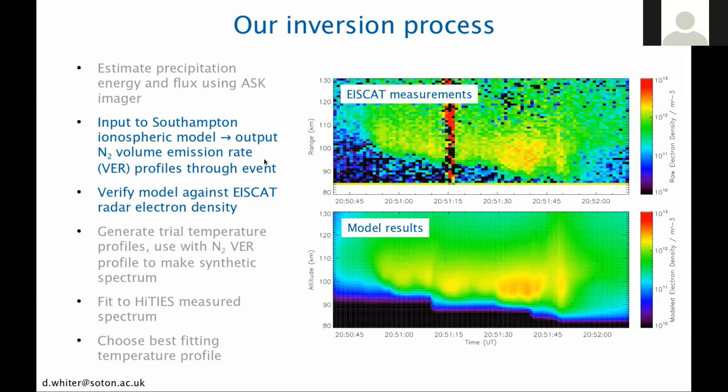Maybe we need to correct that in some way, because the N2 emission is prompt and it's relatively simple. You just need the neutral density profile to get the volume emission rate profiles. But yeah, you're right. If the neutral density profile changes quickly, then it needs correcting.